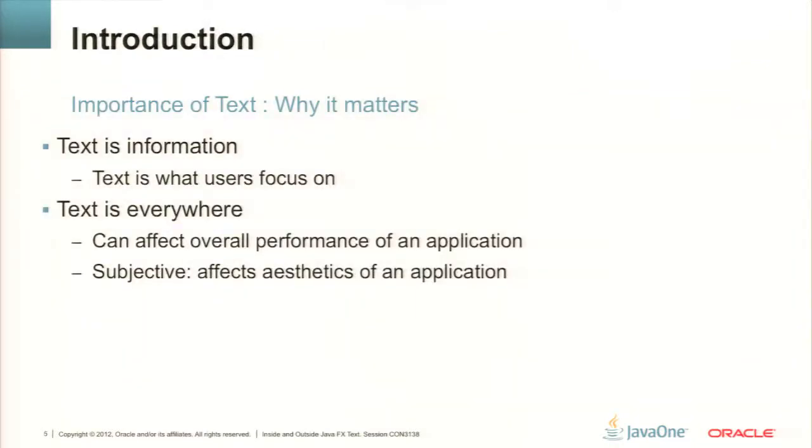Okay, so as an introduction, I just wanted to say, why does text matter? Well, when a user is interacting with an application, for the most part, I mean, okay, if we're talking games, it's a different story, but most applications, particularly productivity applications, and even other applications where people are doing more fun things, a lot of the time they're actually reading text, labels, selecting things, and that's what they're focusing on, that's what they're looking at.